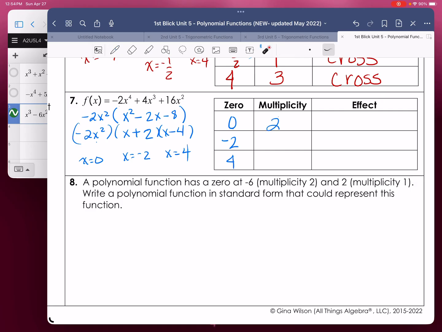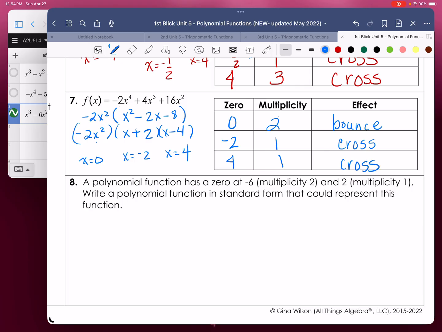Then I look over here at x plus 2. That had a multiplicity of 1. X minus 4 also had a multiplicity of 1. Now the effect of that is that a multiplicity of 2 is going to get you a bounce. A multiplicity of 1 is just going to get you a cross. It's just going to go all the way through the point.